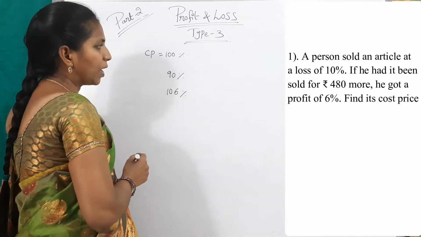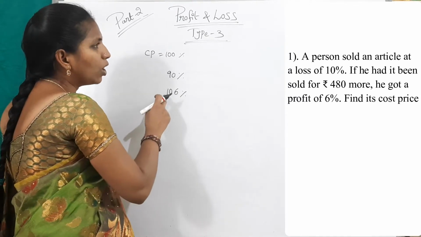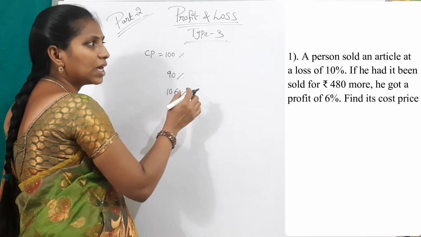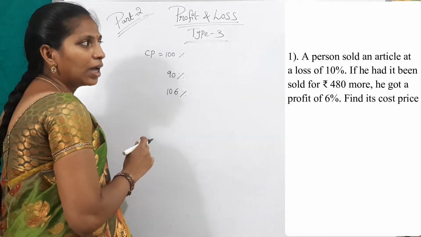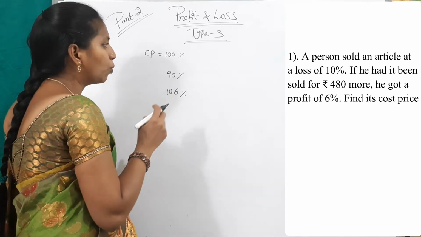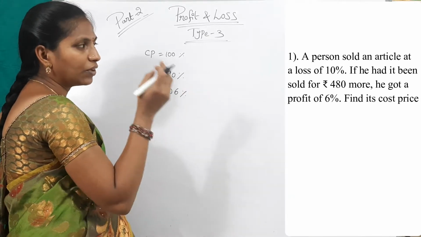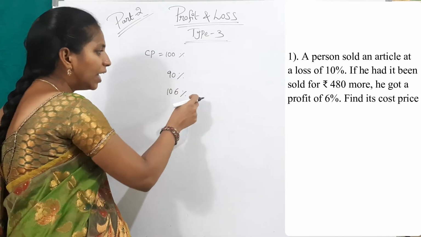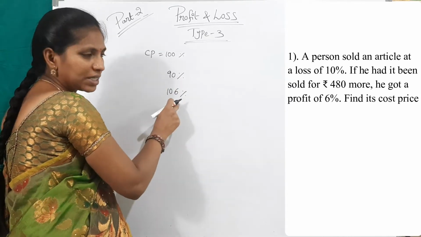Find its cost price. Here the difference between 106% and 90% is 16%. The value is 480 rupees more. If he had sold it for 480 more, then he got this much percentage.